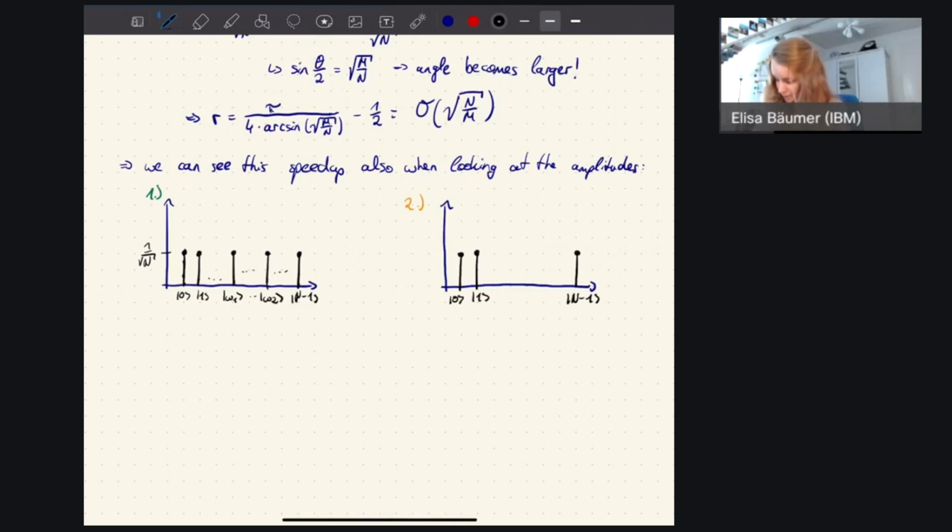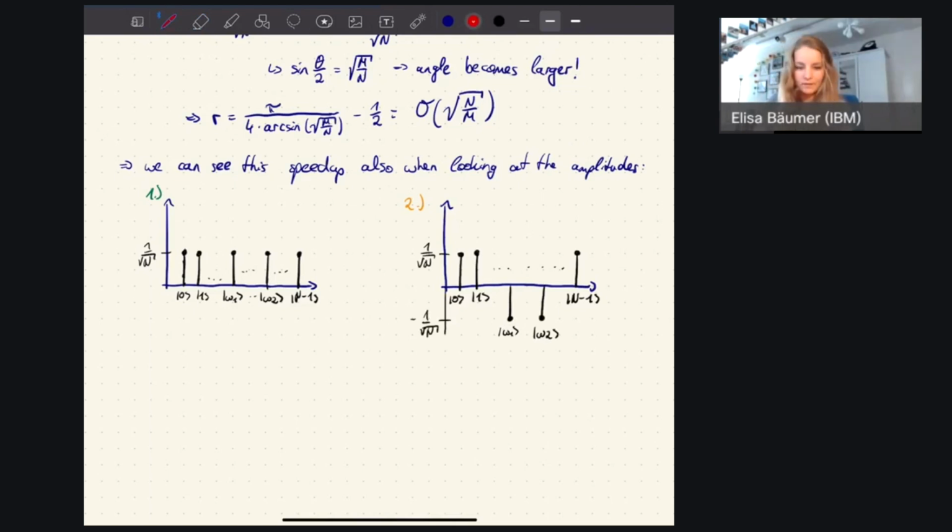But then we have those of the winning elements that will be negative now. So here would be W1 and W2 and so on. So this will still be 1 over square root of n. And here we will again be at minus 1 over square root of n.